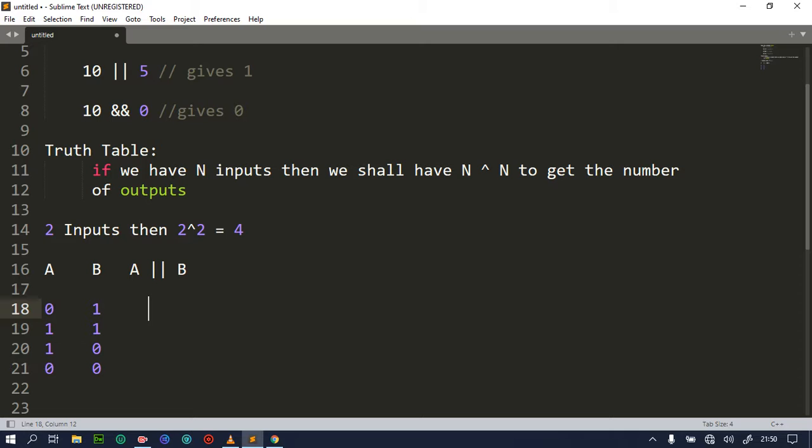So it means that if we have a false and a true, then we are going to have a true. If we have a true and a true, then we are going to have a true. Okay, if we have a false and a true still, then we are going to have a true. Then if we have a false and a false, still we are going to have a false. So it's only and only false when both are false.